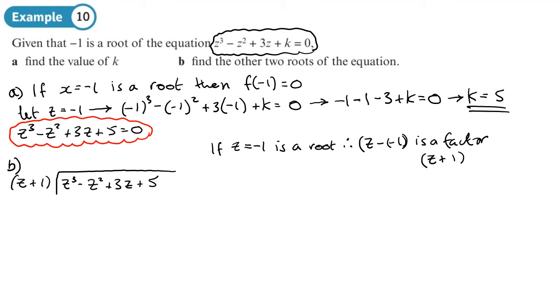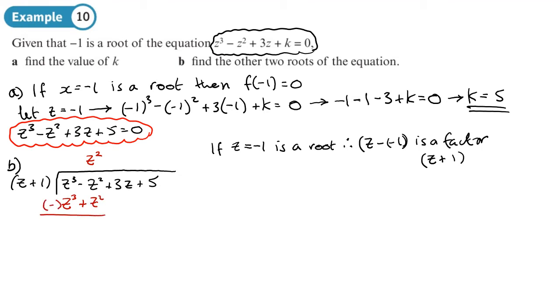Right, okay, so the first thing is: how many times does z go into z cubed? It goes into it z squared times. Now I do z squared times z, and z squared times 1. Sorry, z squared times z is z cubed, and z squared times 1 is z squared.